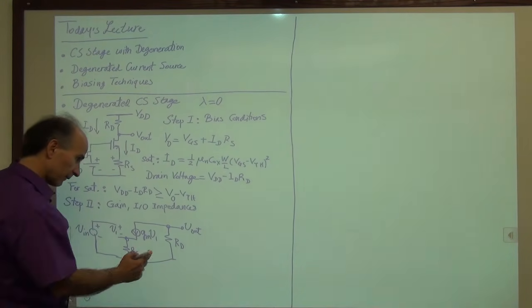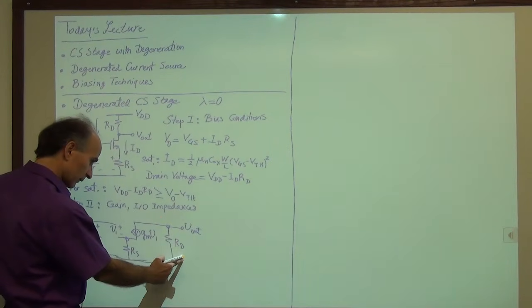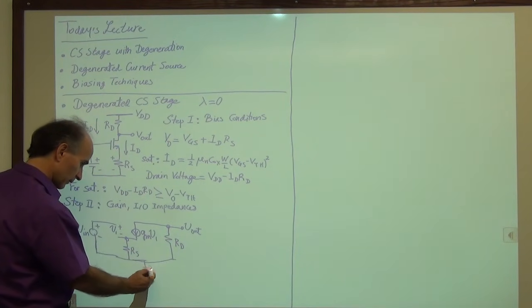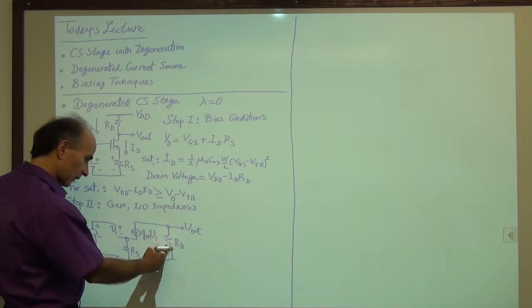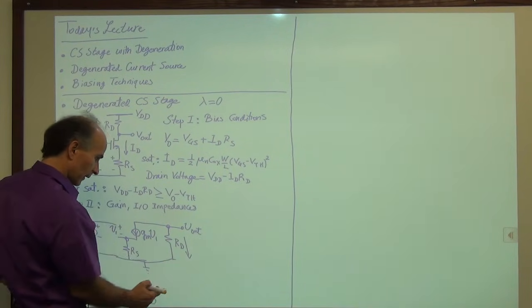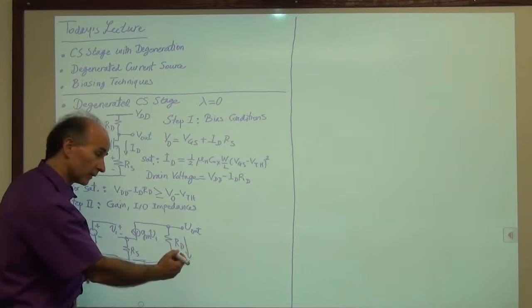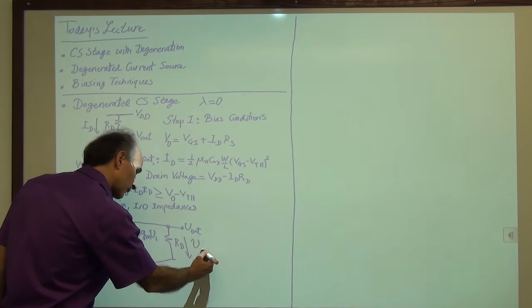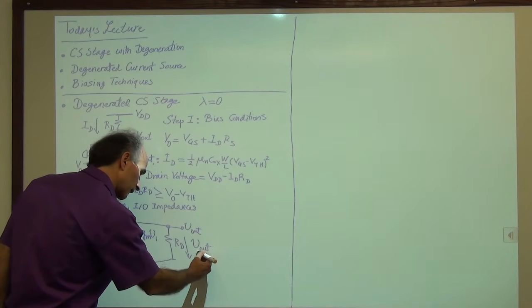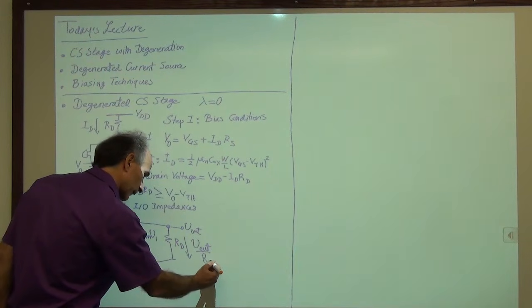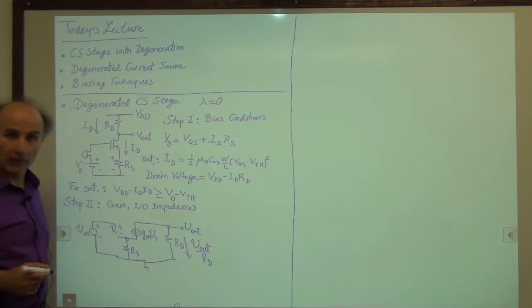What we notice is that V out is from here to ground. So this is ground, right? Which means the current through RD is the voltage across it divided by RD. And that voltage is V out. So we say that this current flowing downward through RD is equal to V out over RD. That's great.